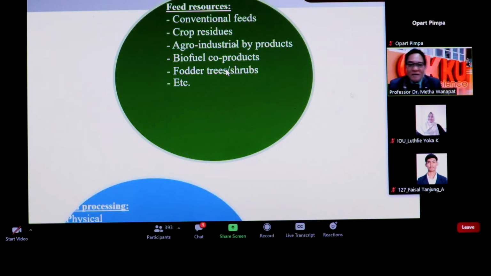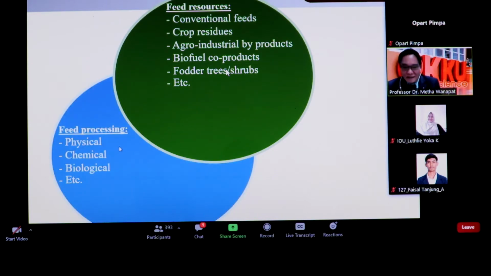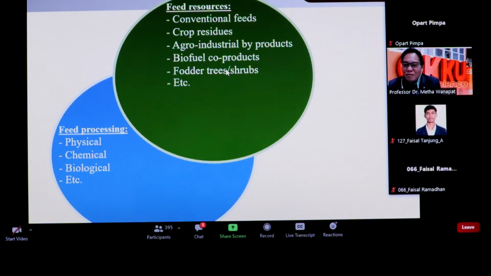After that, like in ruminants, particularly, this is what I've been working on. Ruminants, both large ruminants and small ruminants. Beef cattle, dairy cattle, buffaloes, sheep and goats, all together are quite important.